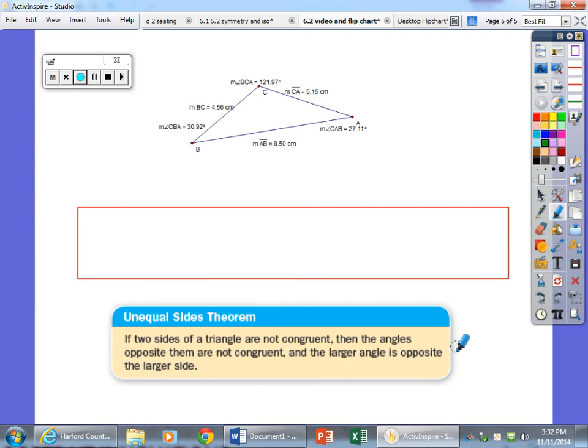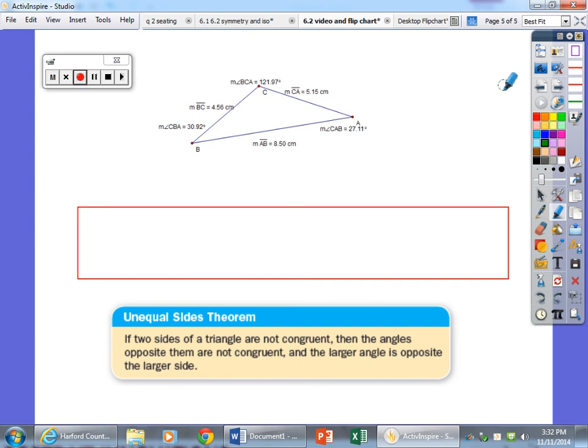Okay, and this is the other one that I asked you to draw. I asked you to draw just any old triangle. My triangle is scalene. I wanted you to look at the relationships between the different sides and the angles. As I was walking around, I didn't really see anyone catch on to what I was trying to get you to see.